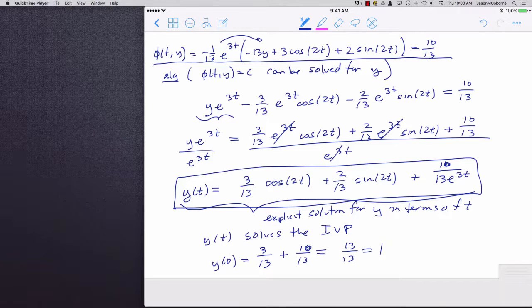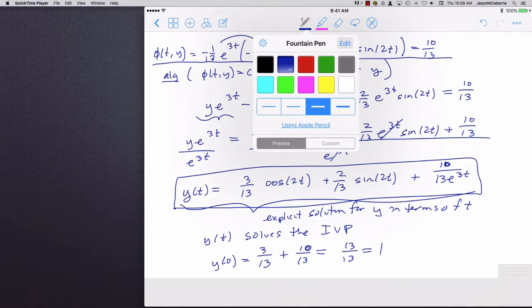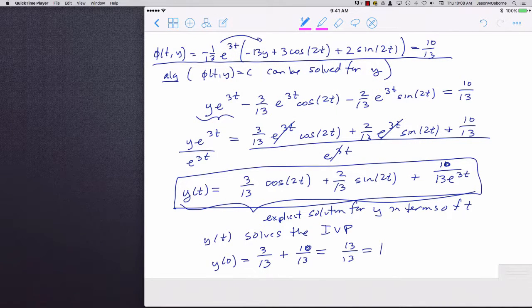Okay? So my claim here is that for first order linear differential equations, the function you get here for phi can actually be solved for y of t.